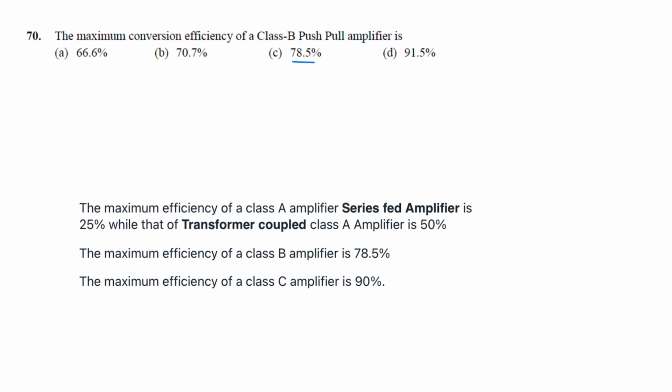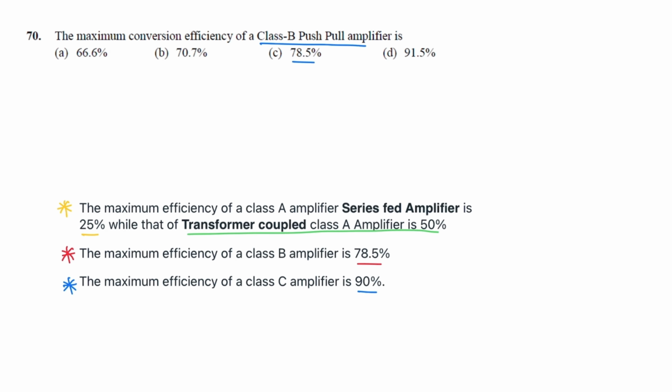For series fed Class A power amplifier it is 25%, and for transformer coupled Class A the maximum conversion efficiency is 50. As per the question, for a Class B push-pull amplifier the maximum conversion efficiency is 78.5.